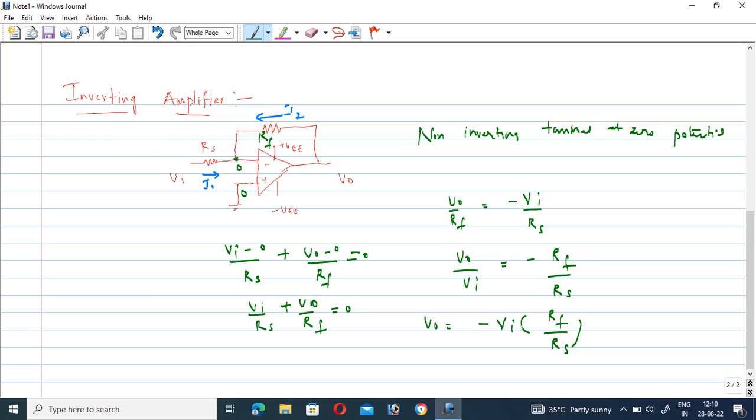If you observe the corresponding equation, the voltage across the feedback path is called the output voltage. The non-inverting terminal is connected to the ground.